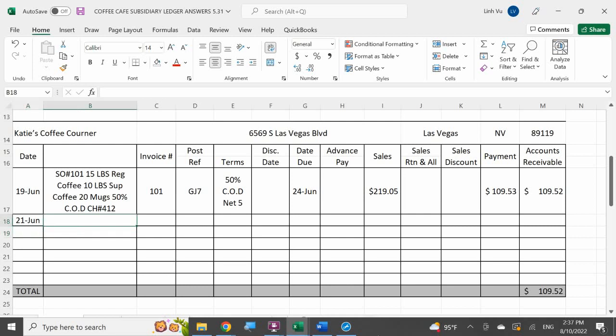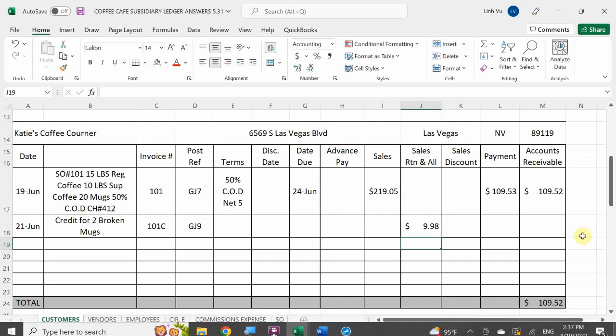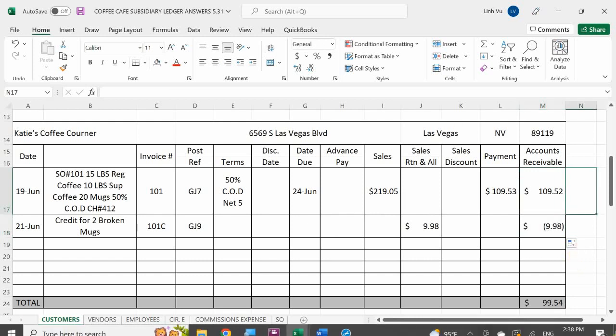So I wrote credit for 2 broken mugs. And then we copied the invoice number from the top and added C. And then page 9 and go all the way to sales return. Another one for $9.98. So her balance now is $99.54. Okay, same thing here.